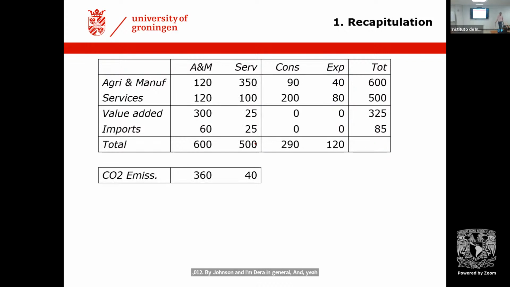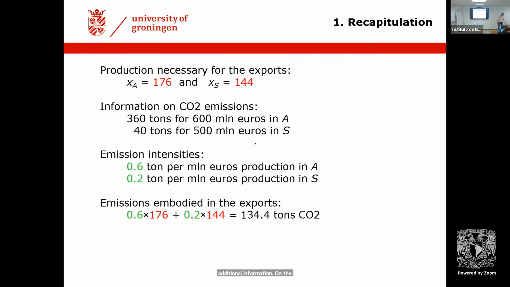And then I have to answer my own question. So if you have additional information on the emissions, then you can calculate the emission coefficient. So we have 360 tons for 600 million euros, apparently I've changed into euros overnight.